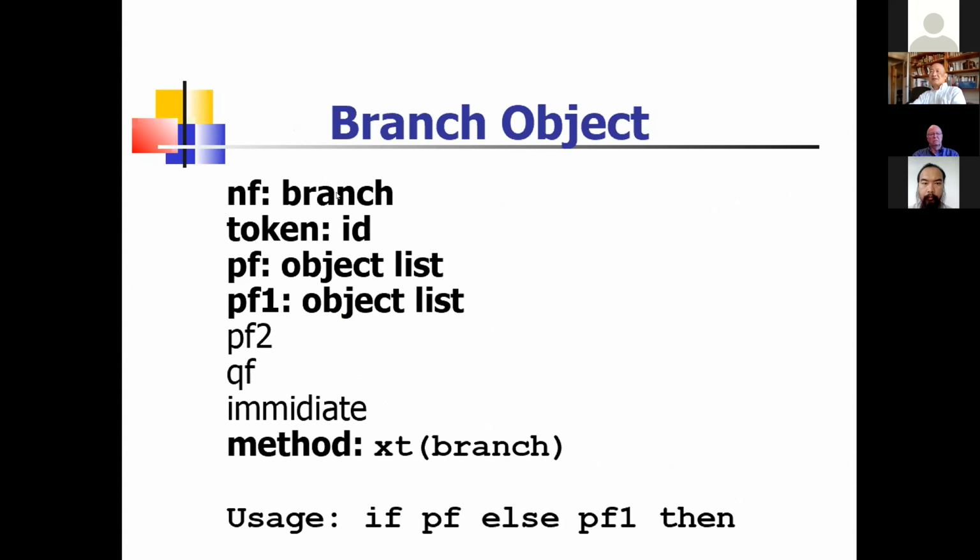And the branch object has the ID and has a PF object list and PF1 object list, and it will execute the branch method. Okay, and it's used in the if else then phrase of the branch structure.